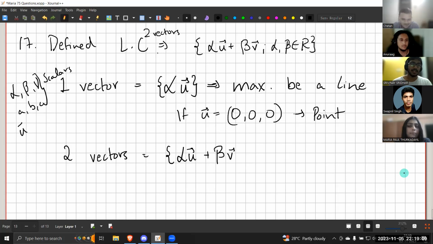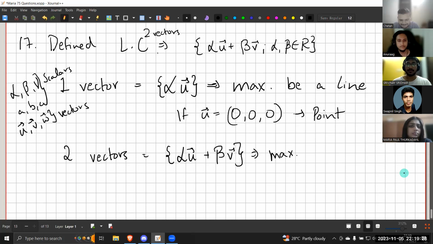And anything like u with a hat, v with a hat, w with a hat, with an arrow, are all vectors. So what will this be? A line, maximum a line.